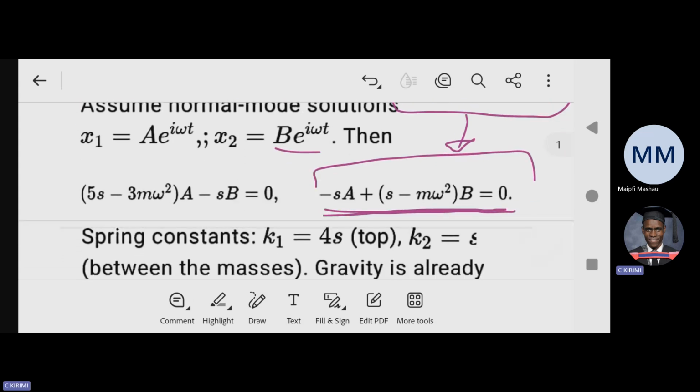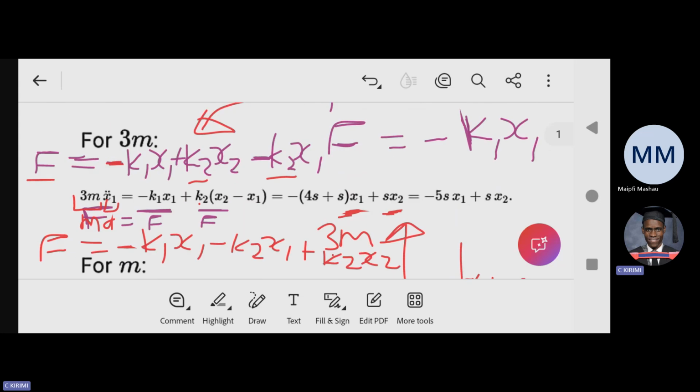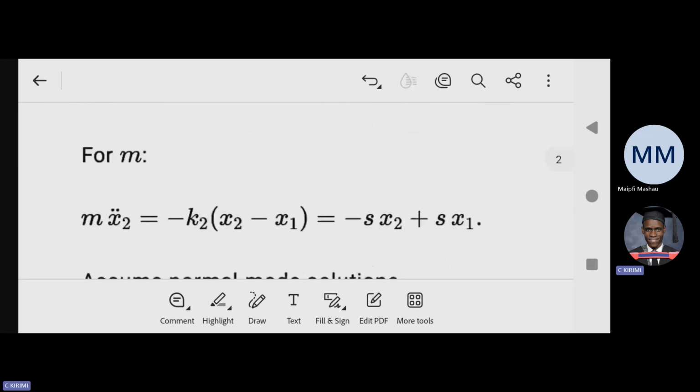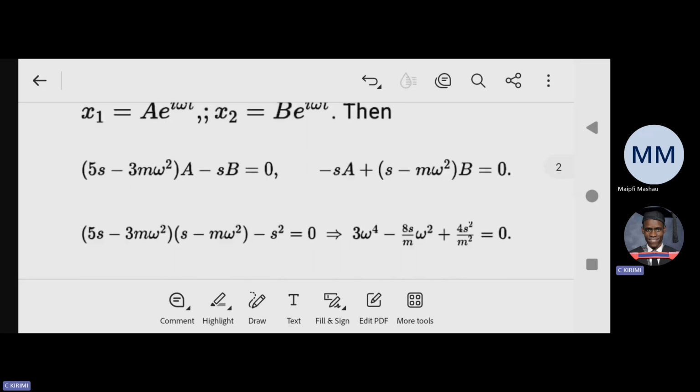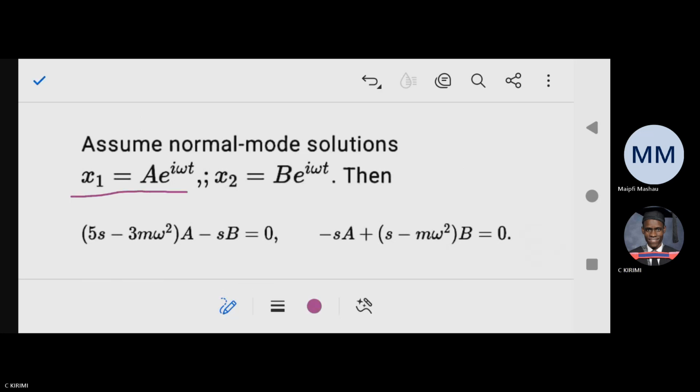So let's check if we differentiate it, because there is a step that we did not show. Here, we are saying x1 is given by this, x2 is given by that.